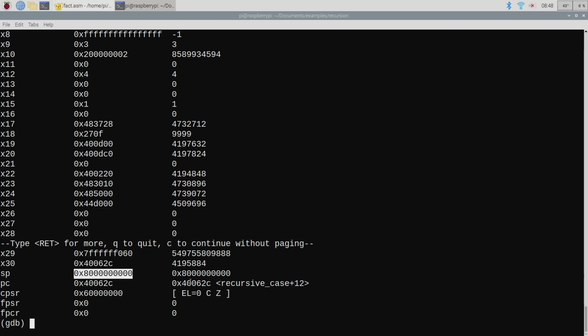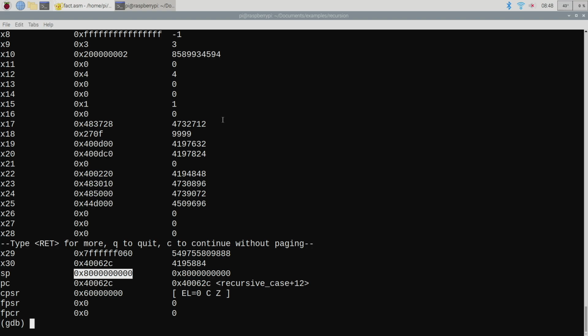Eventually, our stack gets so big that it's outside the bounds of what the operating system has allocated to us, and that's when you get a segmentation fault. So memory is segmented, and your program is only permitted to use so much of it, and if you try to access memory out of bounds, you get a seg fault.